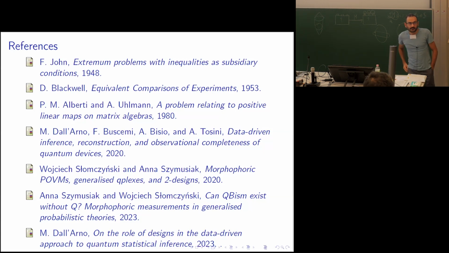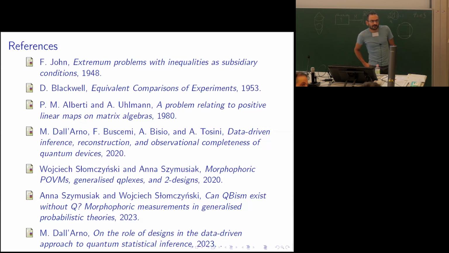Thank you. So thanks for the nice talk. I'm curious how this relates to this other notion called theory agnostic tomography. I think it's by Rob Spekkens and Kevin Resch. They also say, suppose I have preparations and measurements that I don't understand, and I want to fit basically a probabilistic theory to it. Then they collect data in a similar way as you do, and then from the data they try to infer and fit to it some state space, some effect space.